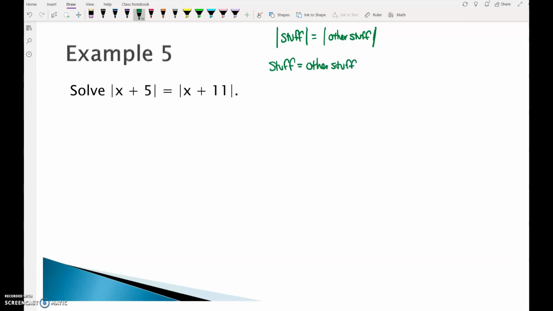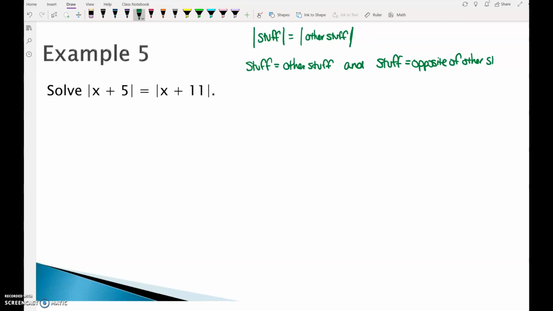The other equation is stuff equals the opposite of other stuff. You solve both equations, and then you check the solutions back in the original equation to see if they actually work.